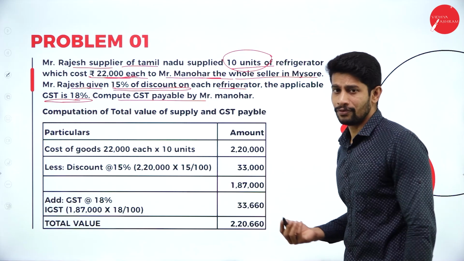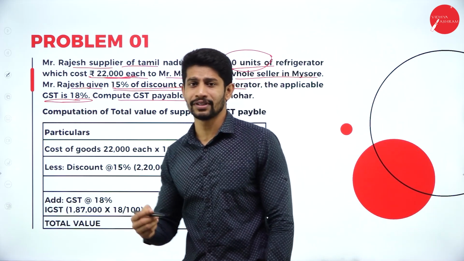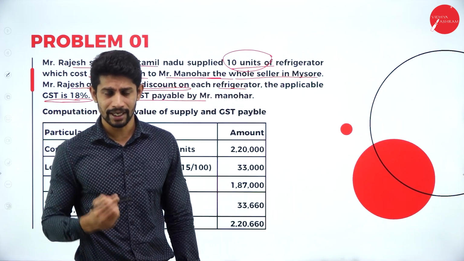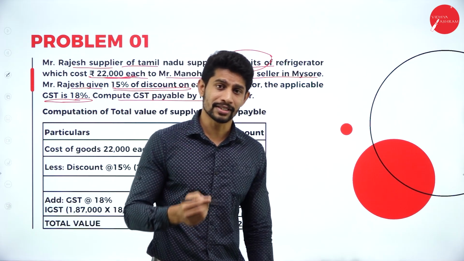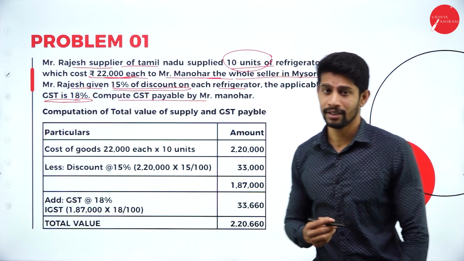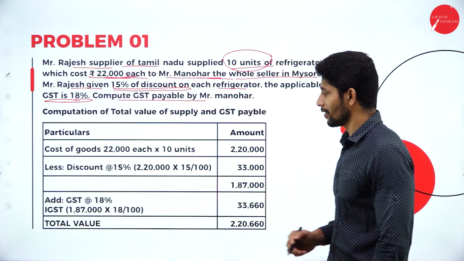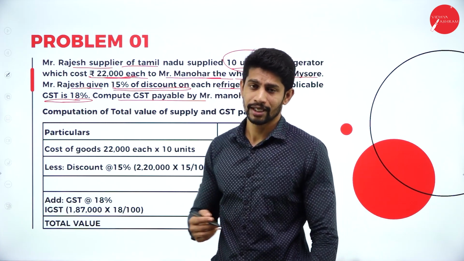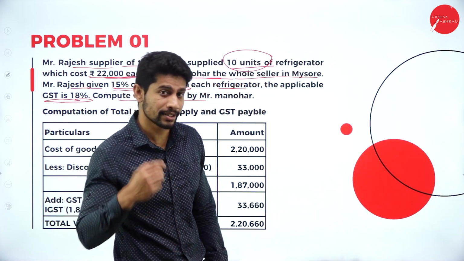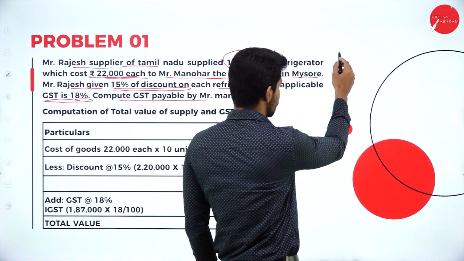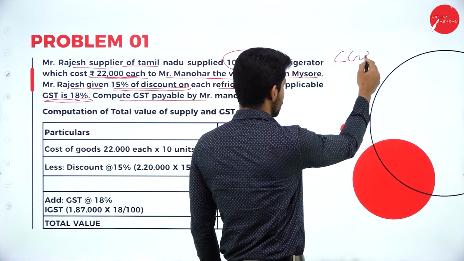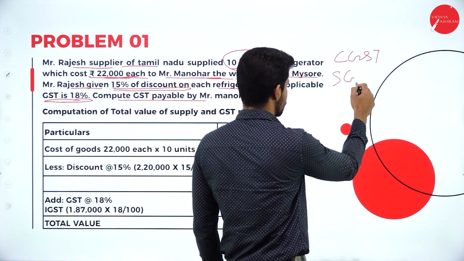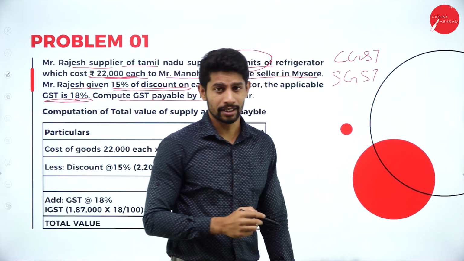Okay. So now if the transaction is happening within the state, if both the buyer and the seller are within the state, which tax is applicable? In the last class we discussed that. If both the parties are within the state, which tax is applicable? Yes, CGST and SGST is applicable.